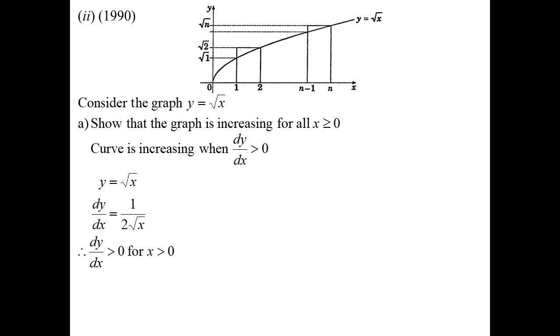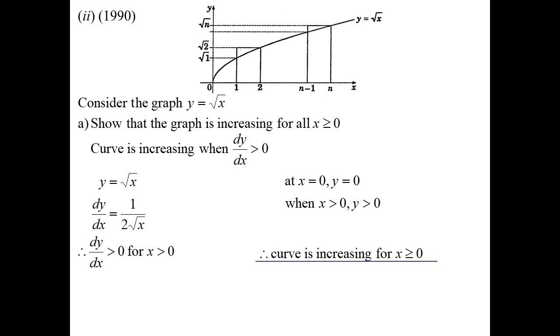Well, what's happening at 0 itself? At x equals 0, y is 0. And when x is greater than 0, y is greater than 0. And we also know it's increasing, so it's always going above 0 from the initial point. That's probably overkill, to be honest. I think the derivative just being greater than 0 is good enough. So yes, that curve is always increasing.